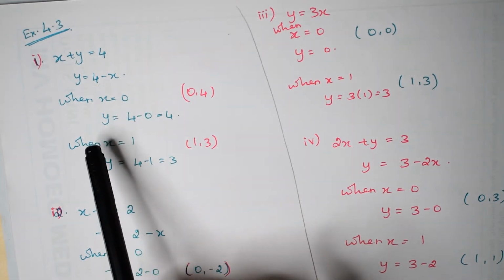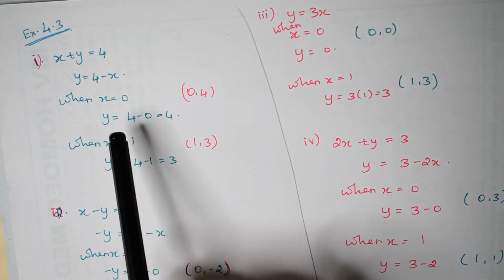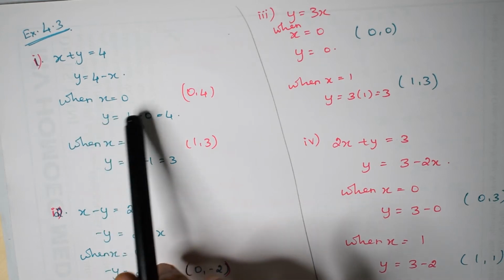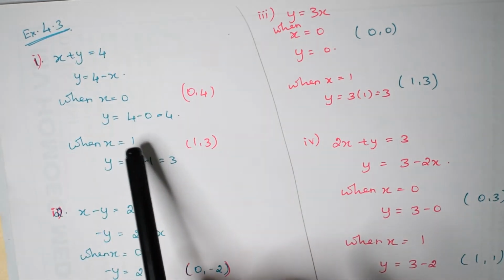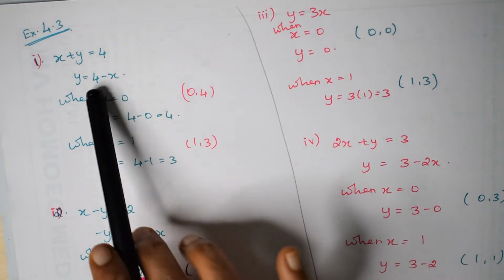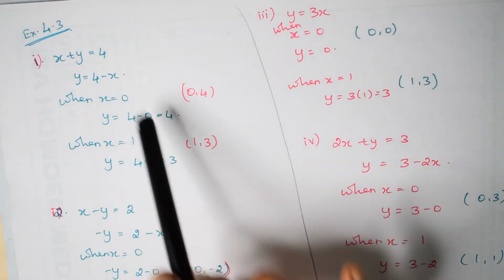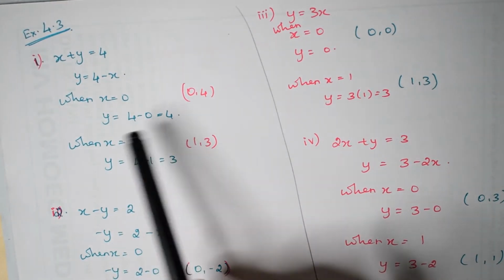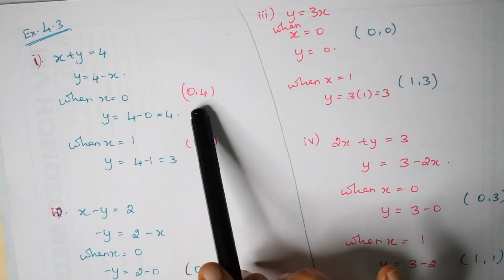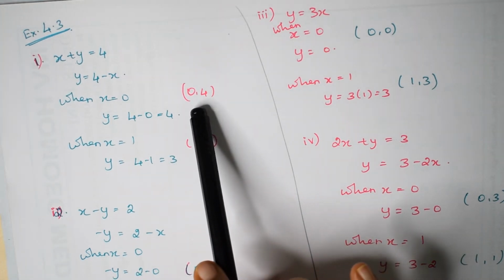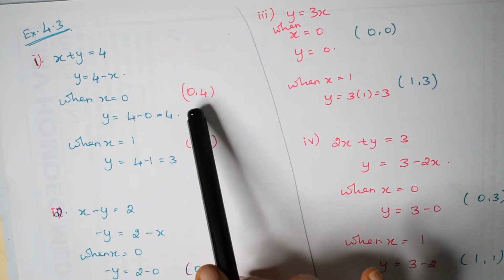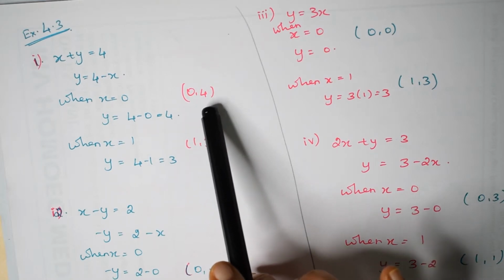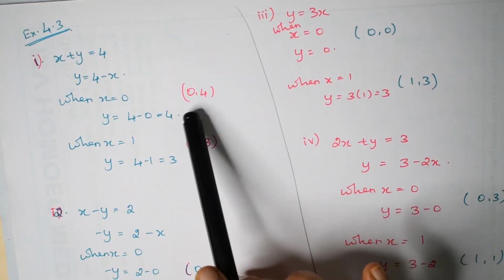Then I will substitute different values of x. When x is equal to 0, y takes the value 4 minus 0, so y is equal to 4. The first point is (0, 4). This is one of the points lying on the line.